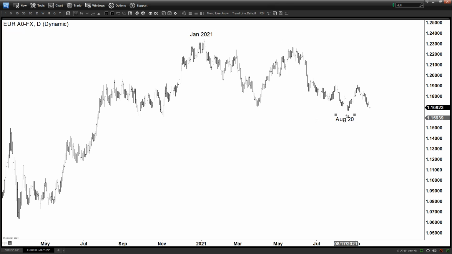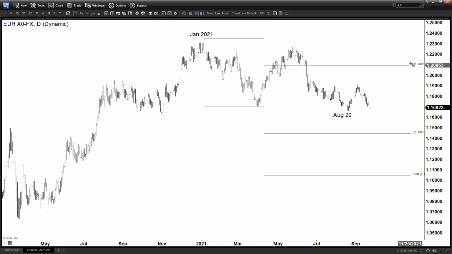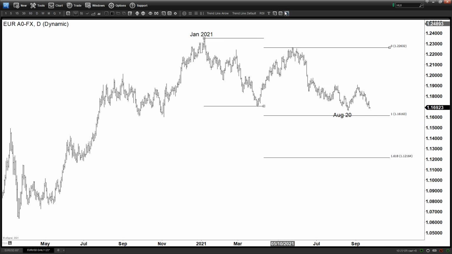Now if we look at it from January 2021 and measure 100%, you can see that we are getting closer to a 100% extension. Based on this 1, 2, 3 right here, we're getting closer to reaching the 100% extension. So we are looking for the downside as a result.